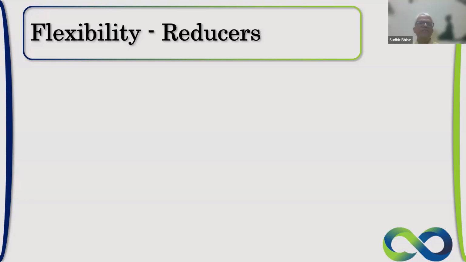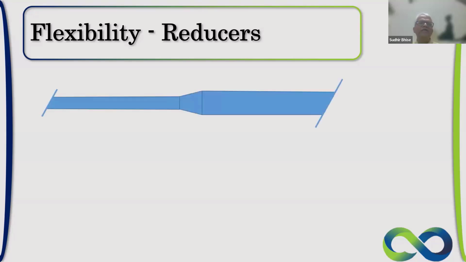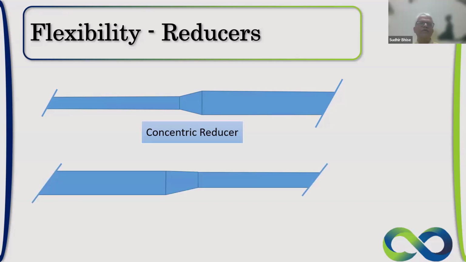Okay, so coming to the next fitting in our line, let us see the reducer. So what is this type of reducer? This is a concentric reducer. This one is an eccentric reducer.